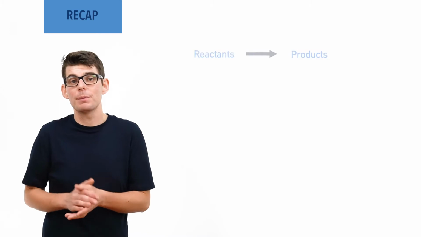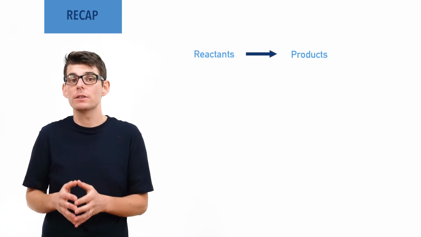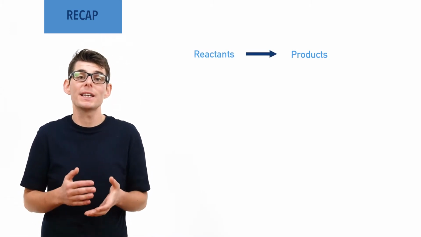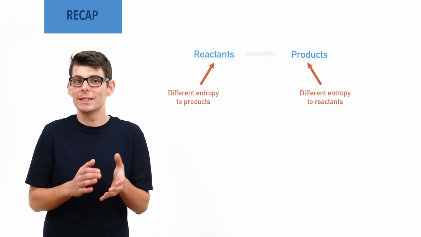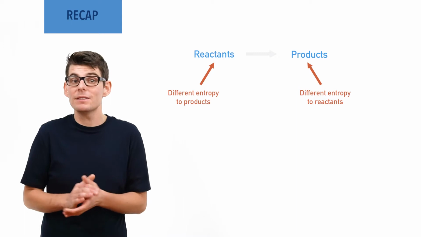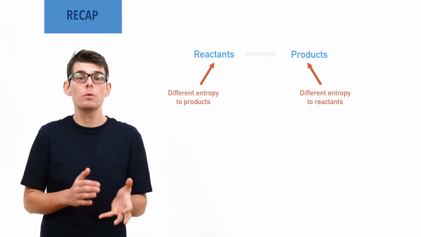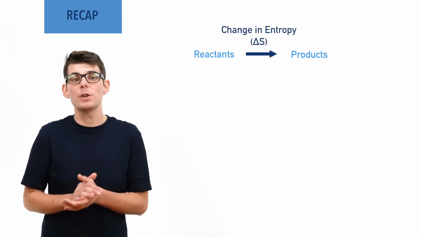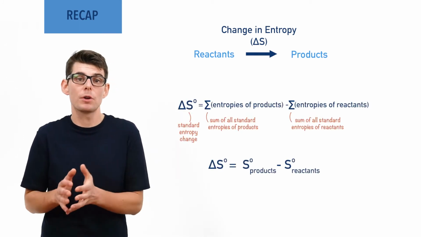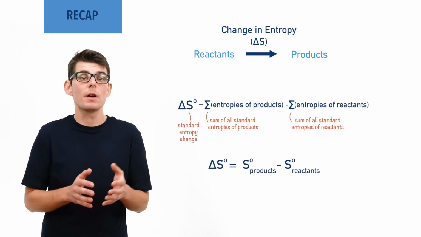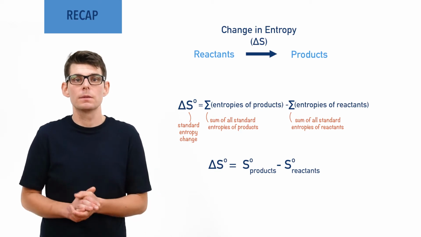When a reaction happens, the combined entropy of the reactants will be different to the combined entropy of the products, as each substance will have its own standard entropy. This means the entropy of the reactant system will change. This entropy change can be calculated by taking the sum of standard entropies of products and subtracting the sum of standard entropies of reactants.